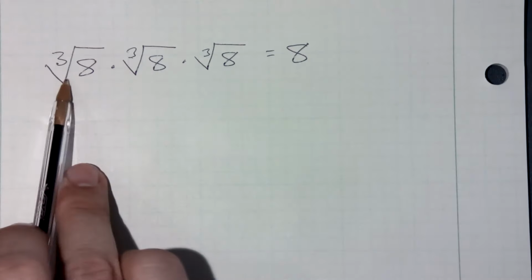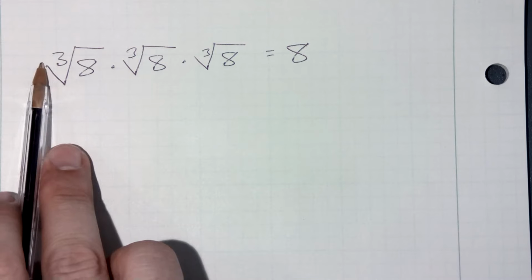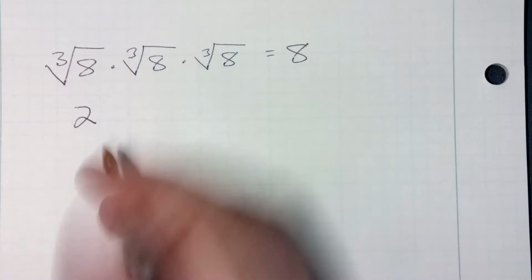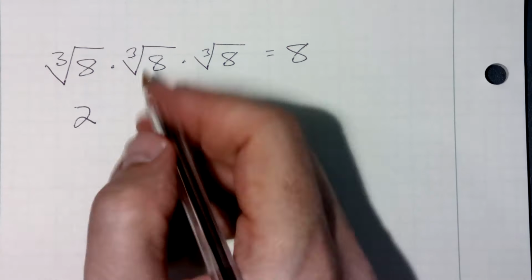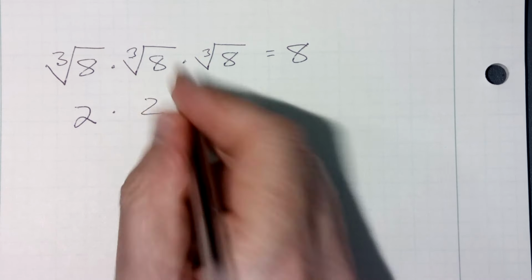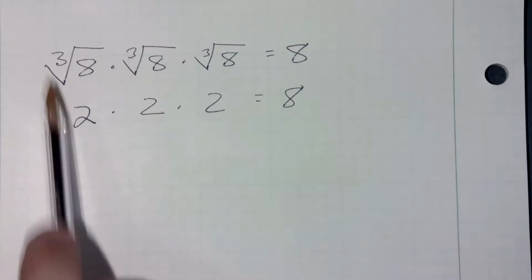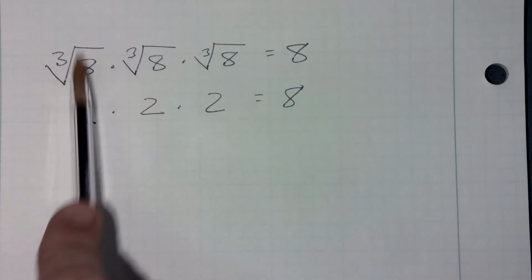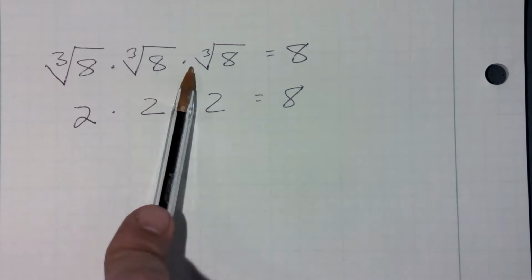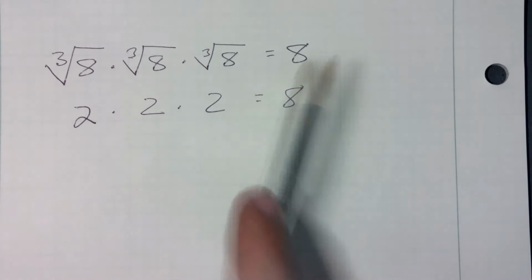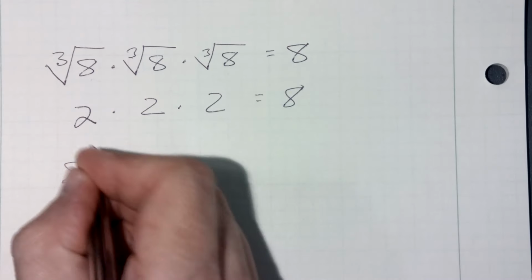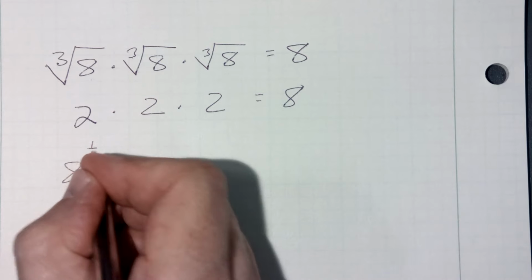And if you're unsure, the third root of 8 is 2, because 2 times 2 times 2 is equal to 8. So if I multiply 3 of those third roots of 8 together, I'll get 8. Well, guess then what 8 to the 1/3 power is.